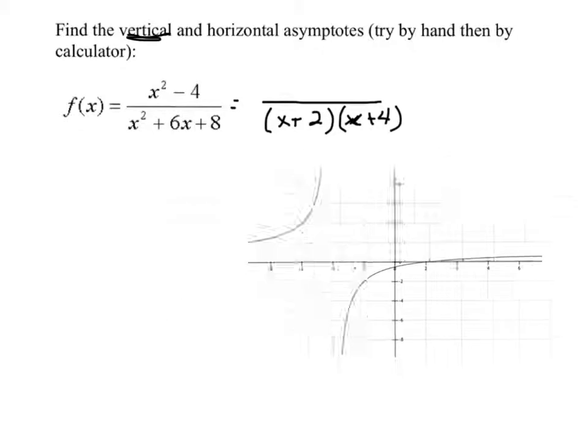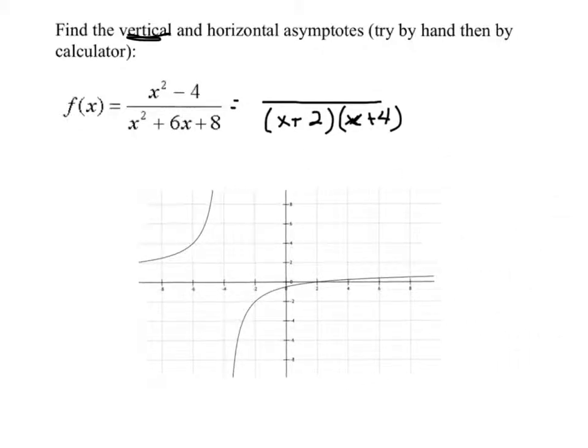But when you look at the graph, you see there's an asymptote at -4. We can definitely see the spiking here and here, but at -2 it looks just fine. And I hope then you remember, wait a second, if I also factored the top, x plus 2, x minus 2, those cancel out because x plus 2 divided by x plus 2 is just 1, and I'm left with this thing.